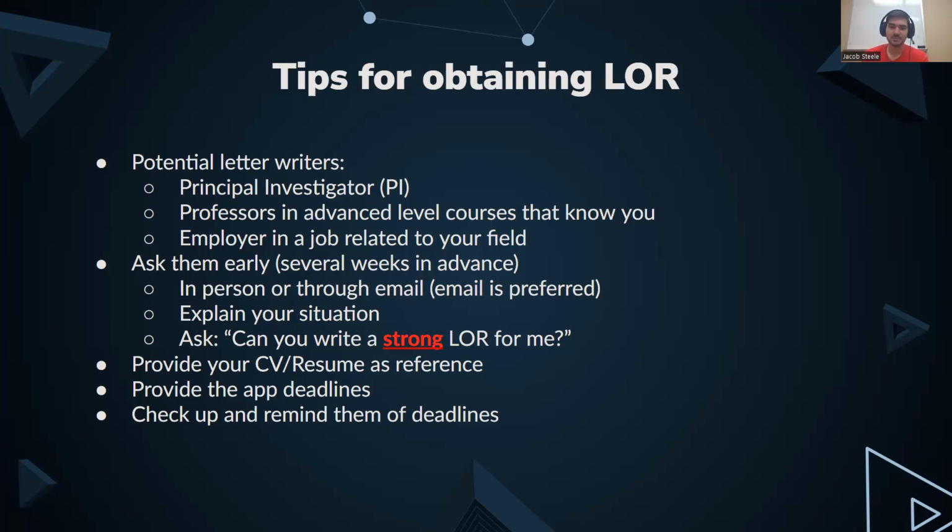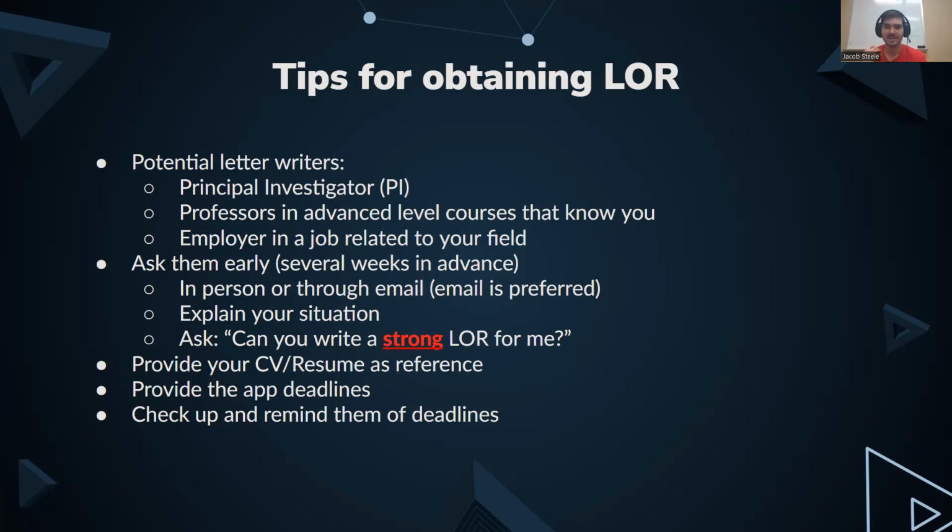If you have a principal investigator, which is also known as a PI for short, those are the individuals who are in charge of your lab group. They should be top on your list if you've already done research. If you've taken advanced courses, like upper level junior or senior level courses, those professors may be next up. And then potentially you can also ask an employer in a job related to your field.